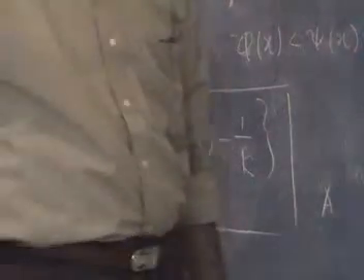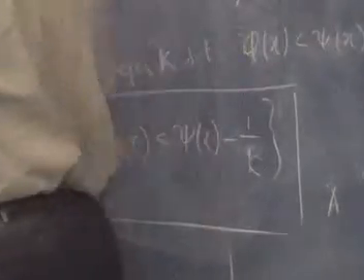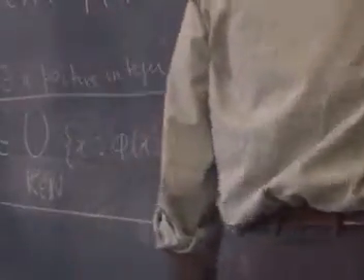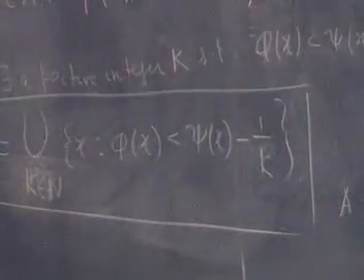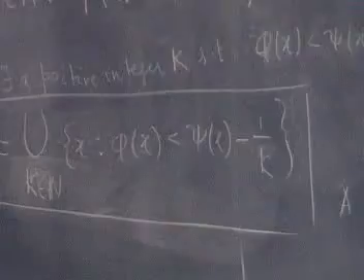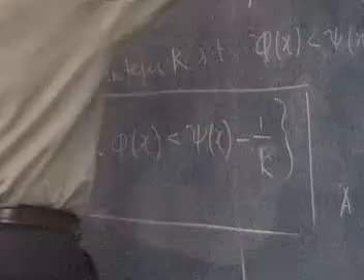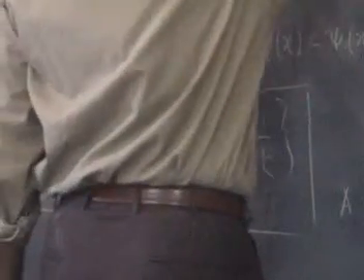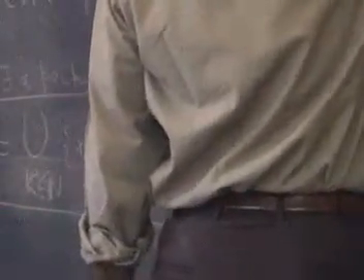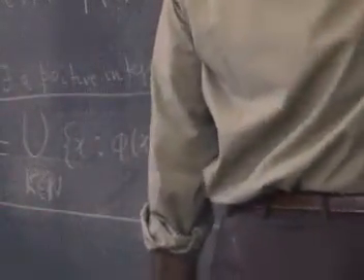Let me call these sets E_k. I call them the set of all x in E such that phi x is less than psi x minus 1 over k.